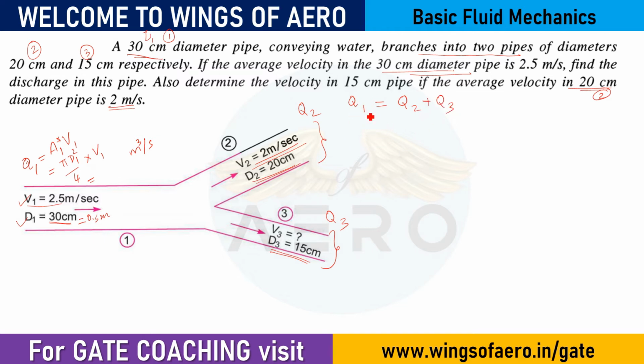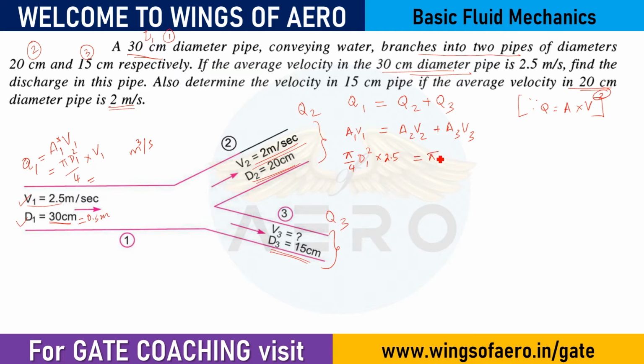Now what is Q? Q means area into velocity. So I can write A1 V1 equals A2 V2 plus A3 V3. What is A1? Pi by 4 D1 square into V1, they have given 2.5. Then what is A2?